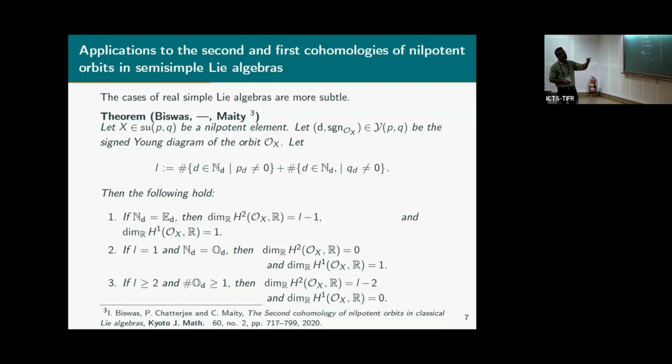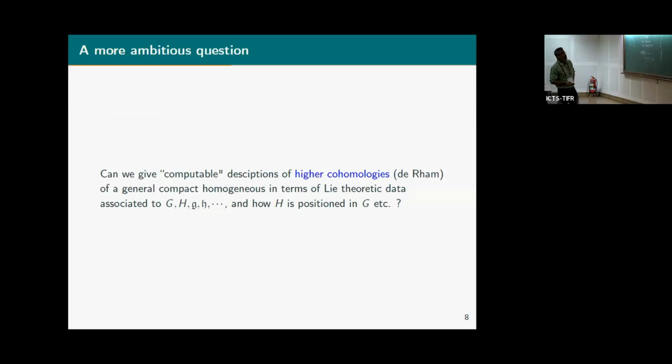I would have to explain all these things. These are basically nilpotent orbits, and nilpotent orbits are parameterized using certain diagrams, and you can get a precise description of the second cohomology groups in terms of those parameterizations. So using this result, the next question that naturally comes to us is, we have given the description for H2.